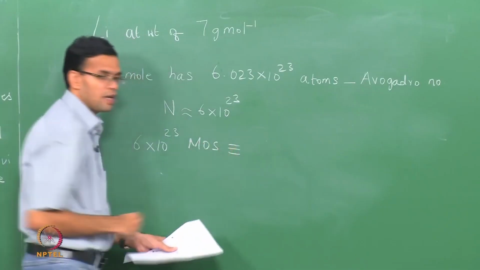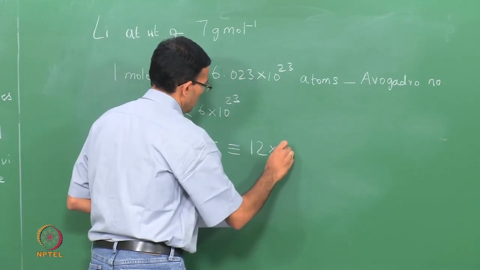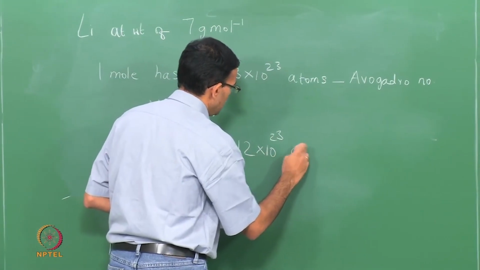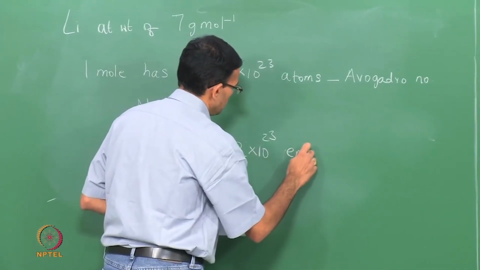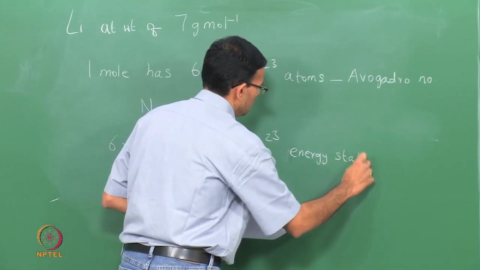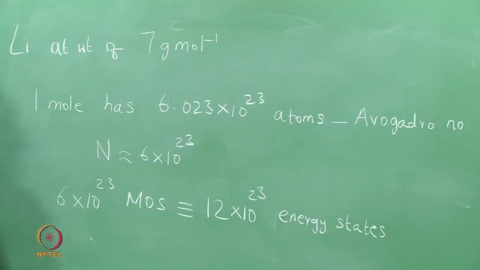Each of them can take 2 electrons. So, you have 12 times 10 to the 23 energy states. And this is a really large number. So, what this means is the spacing between the individual energy states is really small.